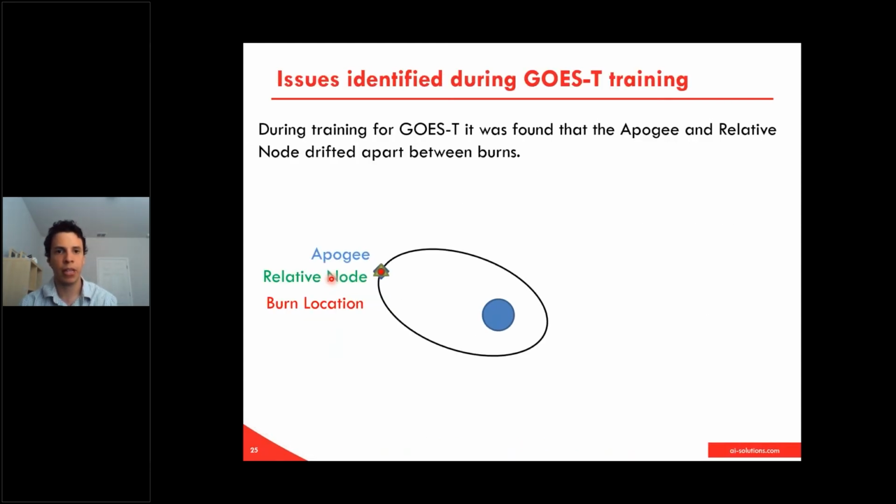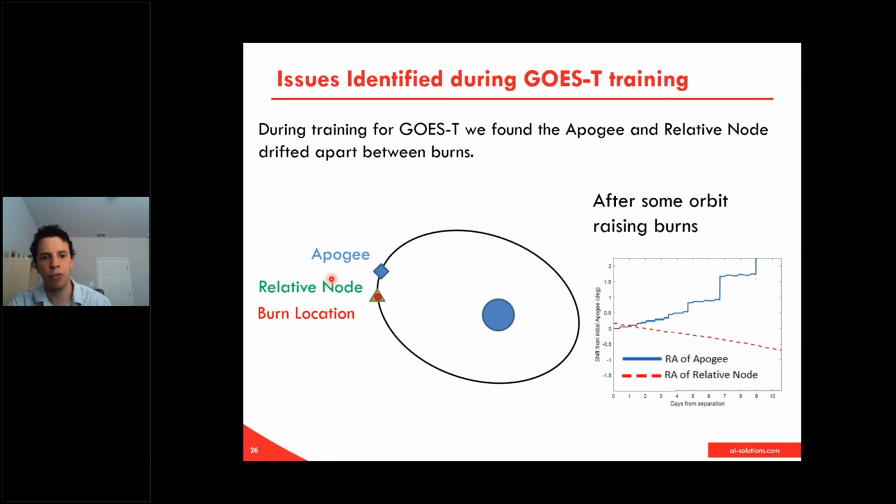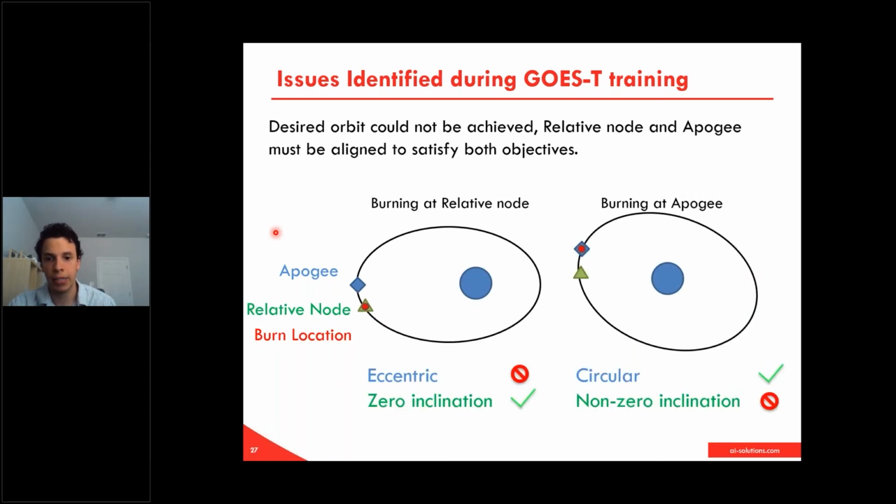However, during training, it was noticed that in some cases, the apogee and the relative node would drift apart. So you had to choose either we burn at the relative node, or we burn at apogee, and this would drift apart with each burn, to the point that if we decide to burn at the relative node, we can achieve 0 inclination, but we cannot achieve our circular orbit.